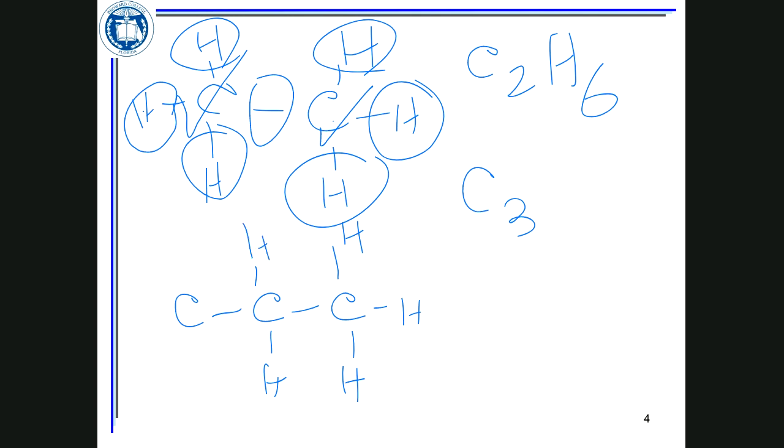And the carbon on the other side requires 3 more hydrogens because it already has 1 bond. So we need 3 more. If we count the total number of hydrogens, it ends up with 8. For 3 carbons, we end up with 8 hydrogens required to saturate every carbon with 4 bonds.